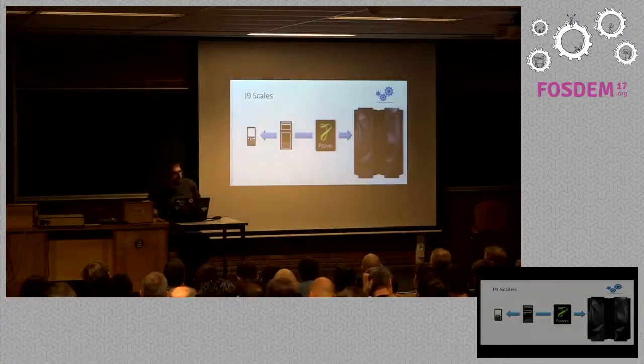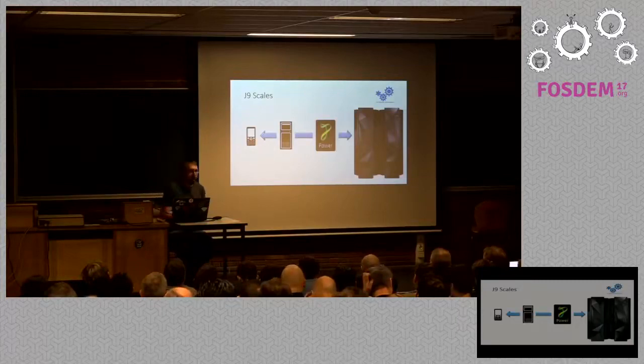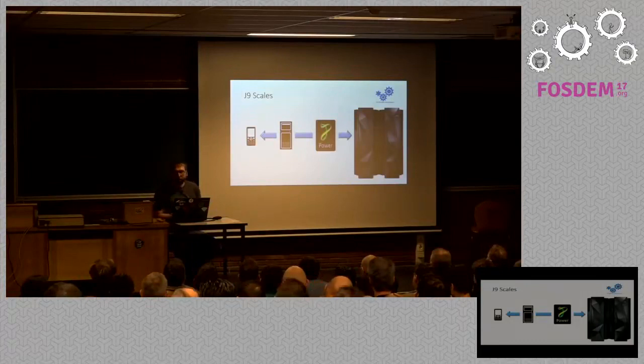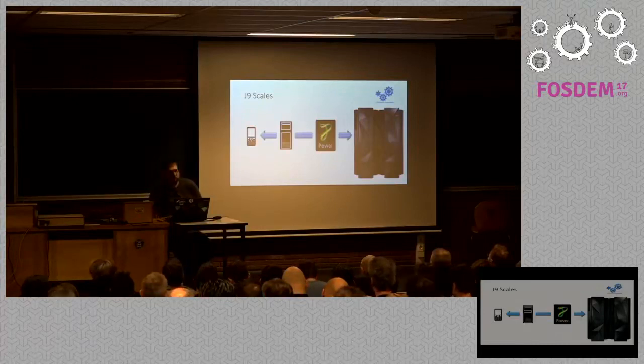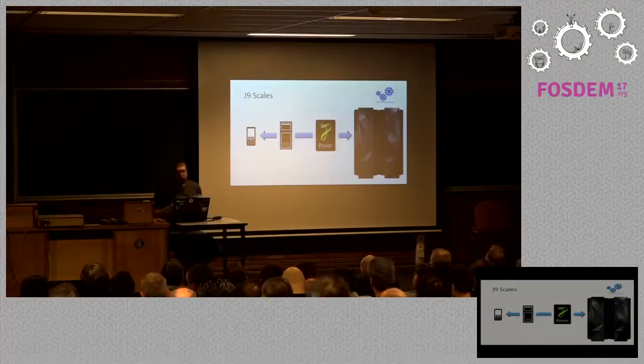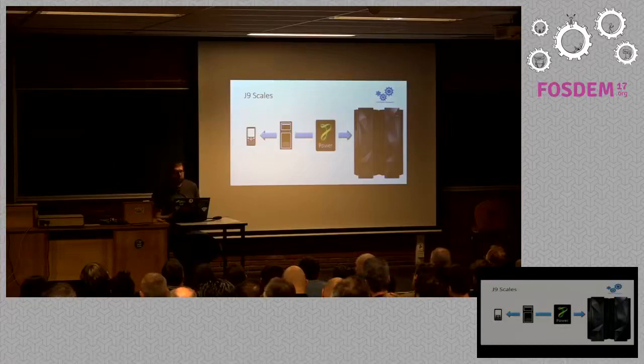So a quick little history lesson on J9. J9 was originally implemented as a Java ME VM. So the first few releases of J9 were all on different types of cell phones. You name the embedded board, and at one point or another, we supported it. But as of Java 5, we actually became the IBM Java SE VM as well.